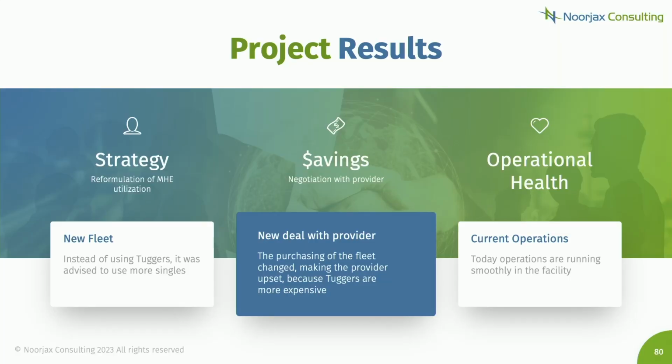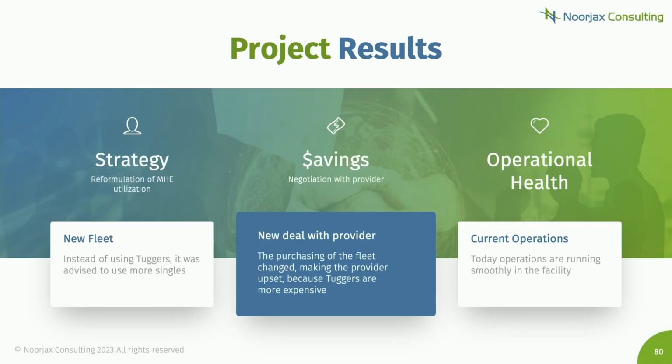They created a new deal with the provider, and from what I heard, the provider was a bit angry because they changed the deal. But it was necessary in order to ensure that the operations were going to be fulfilled properly. And the last thing I heard a few months ago is that the current operations are running pretty smoothly in the location, so the simulation actually helped them quite a bit.